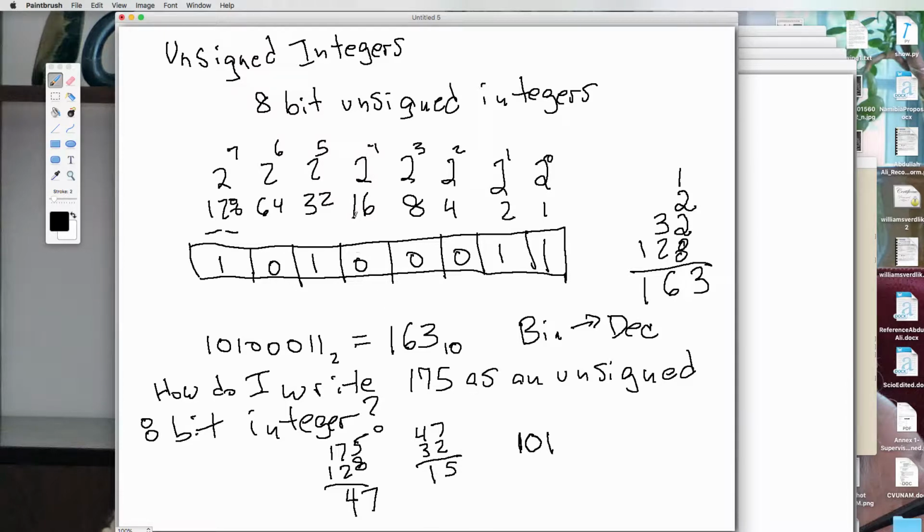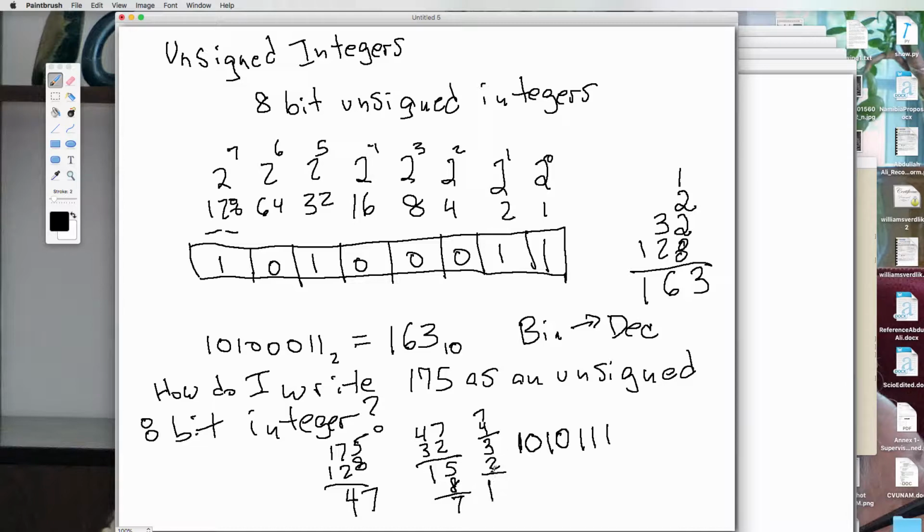There is no 16 in a 15. So I'm going to put a 0 there. Okay, there is an 8. So I'll put a 1 here for an 8, and I'll subtract 8, and that leaves me with 7. And there is a 4 in a 7, so I'll put a 1 there, and I'll subtract 4 from 7, leaves me with 3. There is a 2 in a 3, so I'll do that.